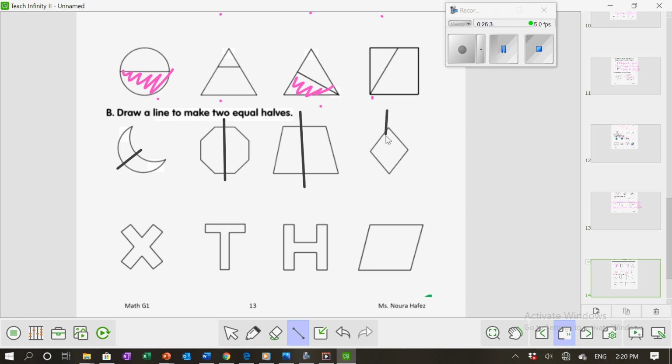And here for the opposite corners. And here. And for the T. Yes. Here. And here. These are halves, two equal sides.